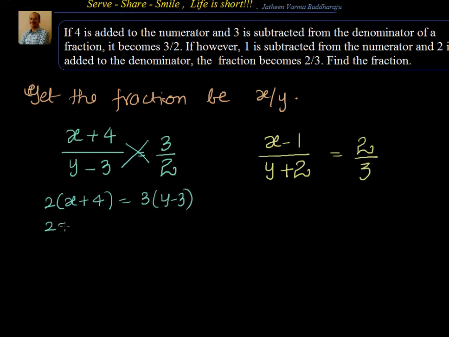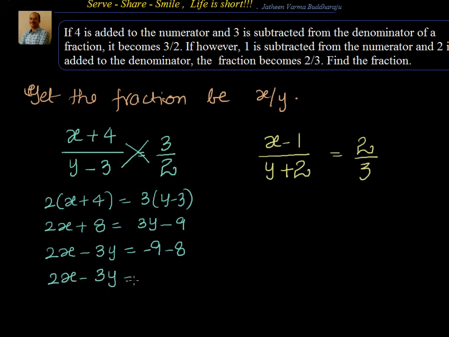If I simplify, I'll have 2x plus 8 equal to 3y minus 9. Taking variables to the left hand side, it becomes 2x minus 3y equal to minus 9 minus 8, or 2x minus 3y equal to minus 17. This is my equation number 1.